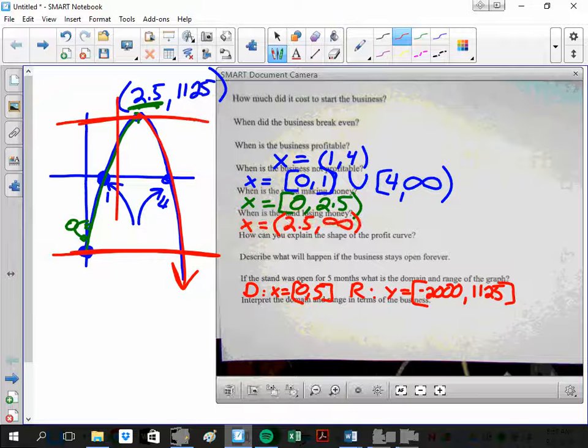Okay, these are just numbers. 0, 5, those are just mathematical numbers, and same with negative 2,000, 1125. Let's interpret all of that information in words. What does all of this mean in practical terms? What do 0, 5 mean? What does negative 2,000, 1125 mean in the story?